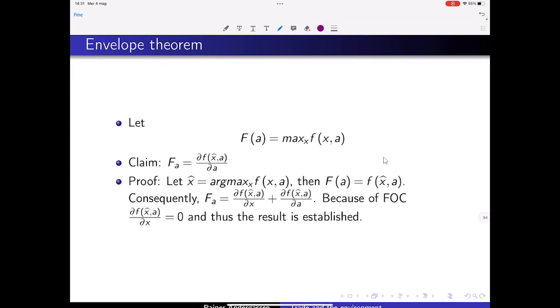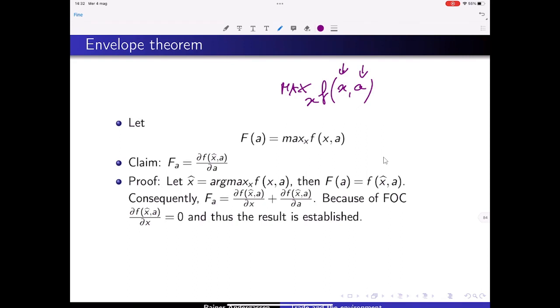So this is the formal description of the theorem. It's very simple, nothing special about it. Assume you have a function f(x, a), where x is my choice variable and a is a parameter. I would like to maximize this function with respect to x, my choice variable.